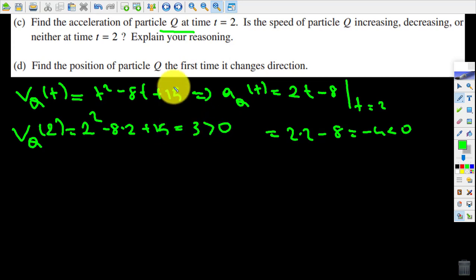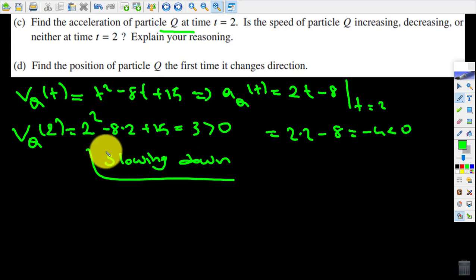So since the signs of the velocity and acceleration came out to be opposite, particle Q is slowing down.